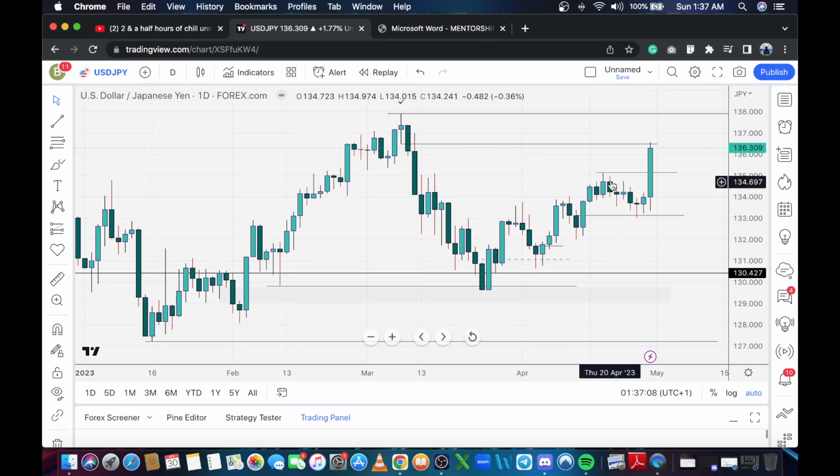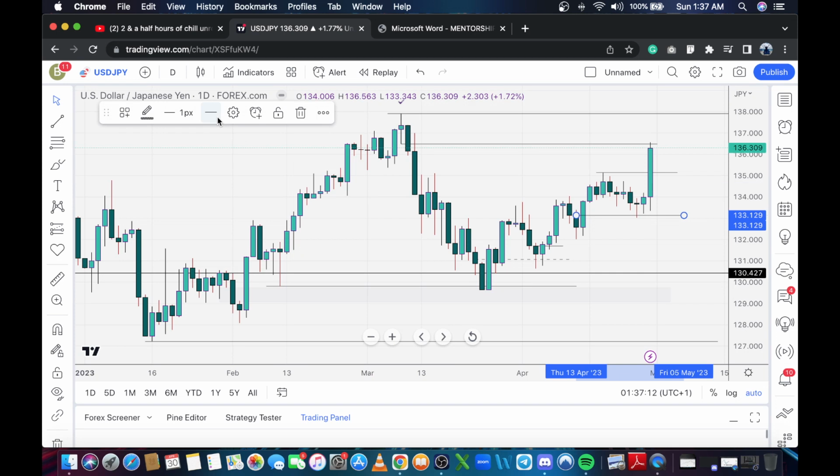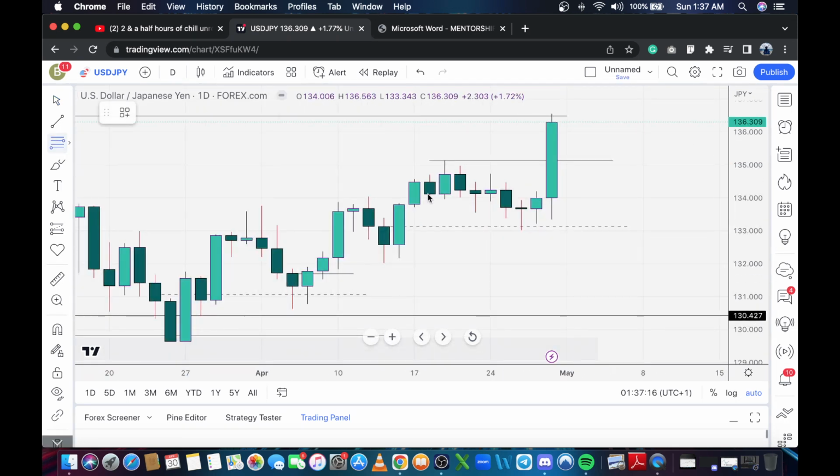But you can see, as soon as the market trades down into, so I use this line here, the main threshold of these two down candles. If you measure your range from the opening price of this first candle to the closing price of the second candle, your main threshold comes around here.